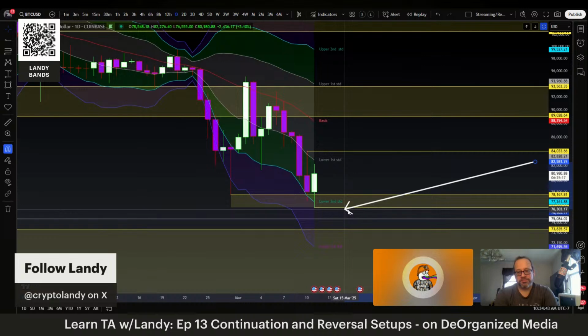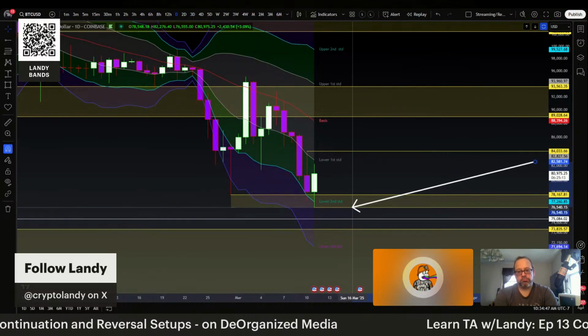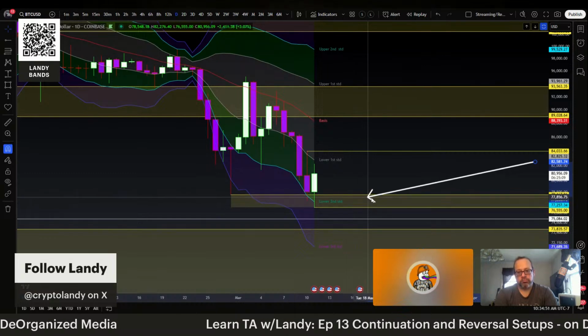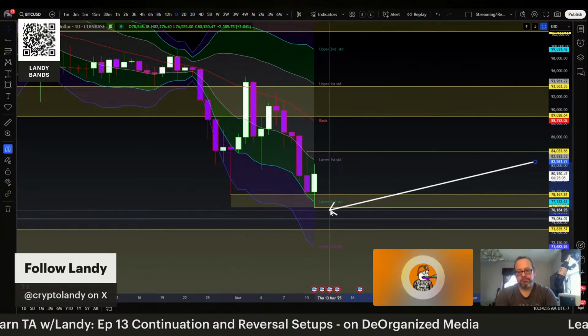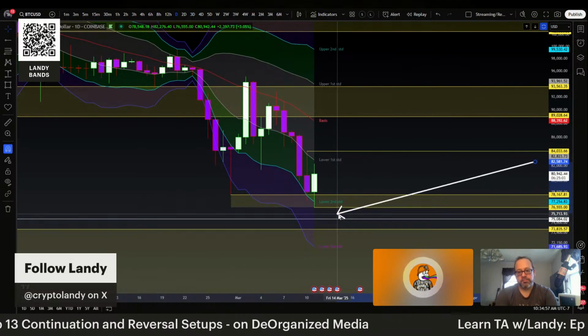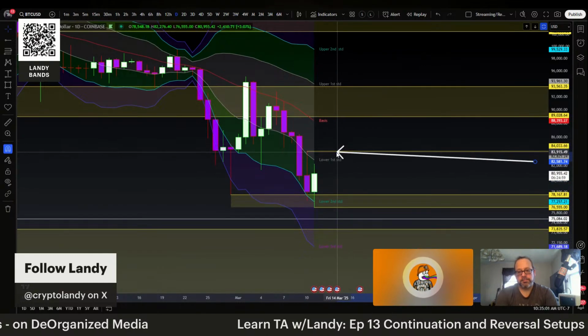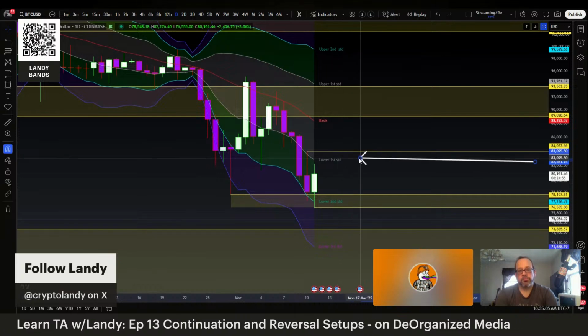If-then-else is the most basic statement that you learn in any programming language, essentially, right? If it breaks here, then it goes here. If it breaks here, then it goes here. Or else, if it holds this, it could potentially set a low, right? Does that make sense? Yes.